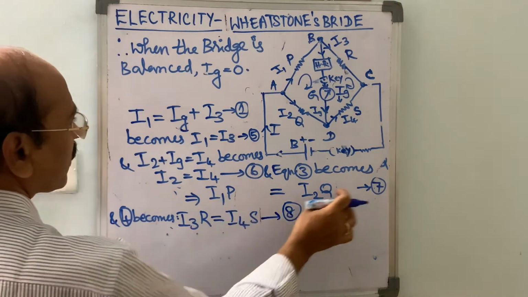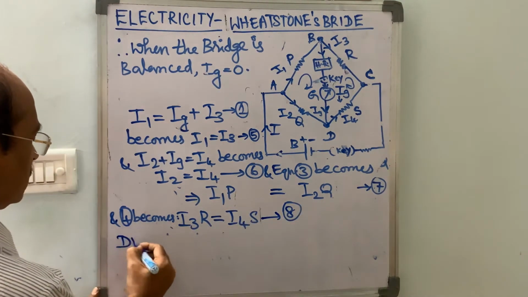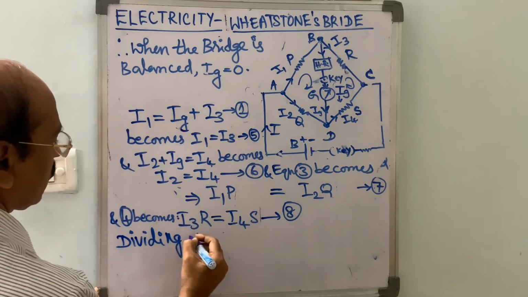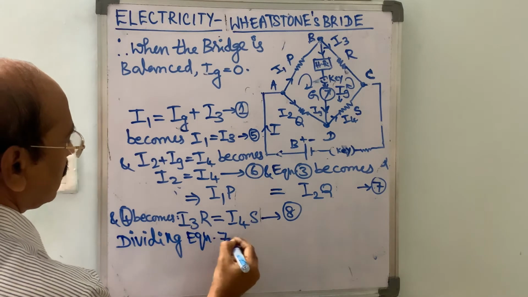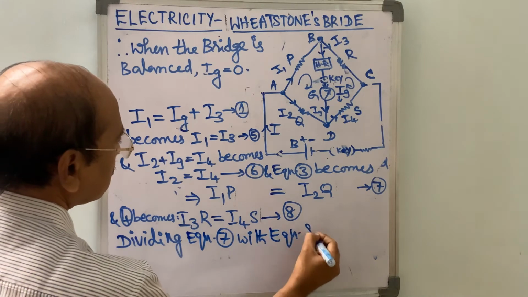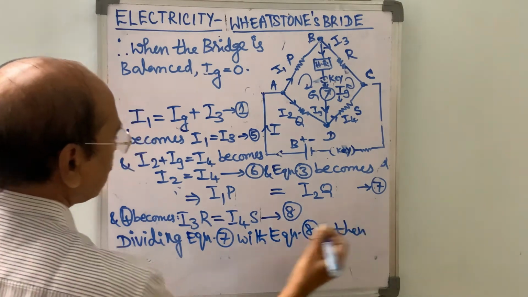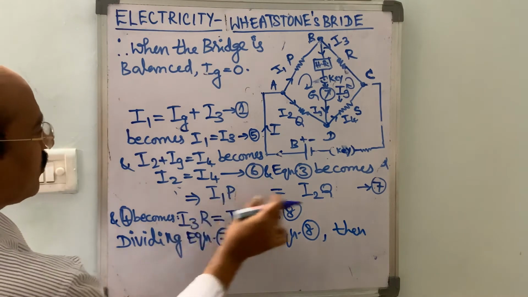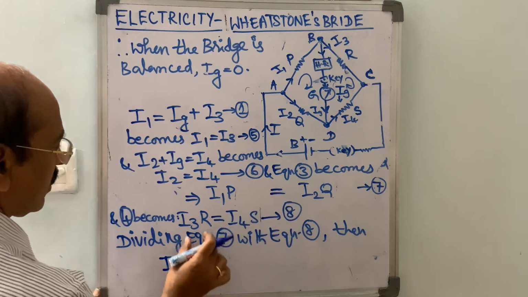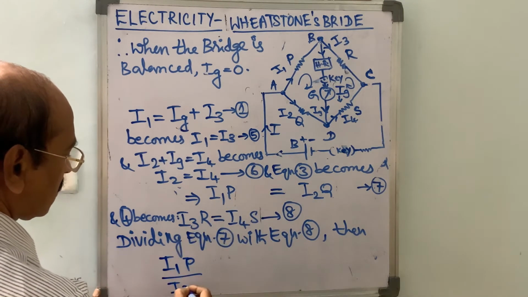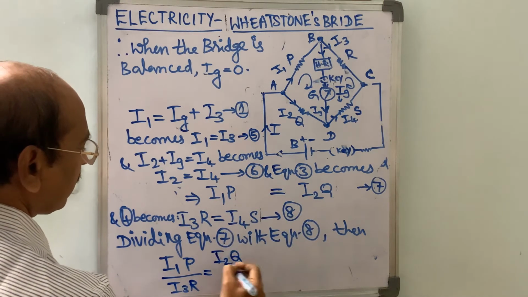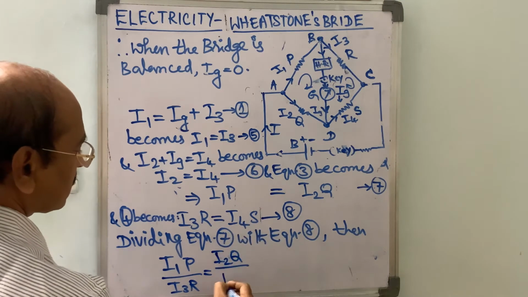So dividing equation 7 by equation 8, we obtain I1P by I3R equal to I2Q by I4S.